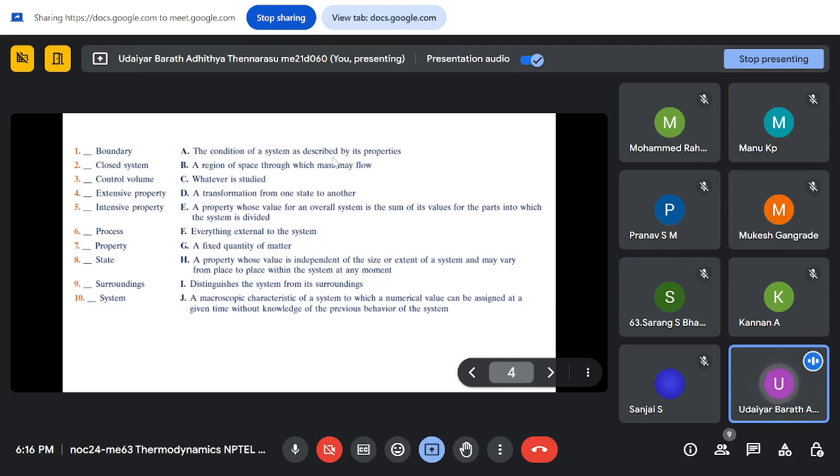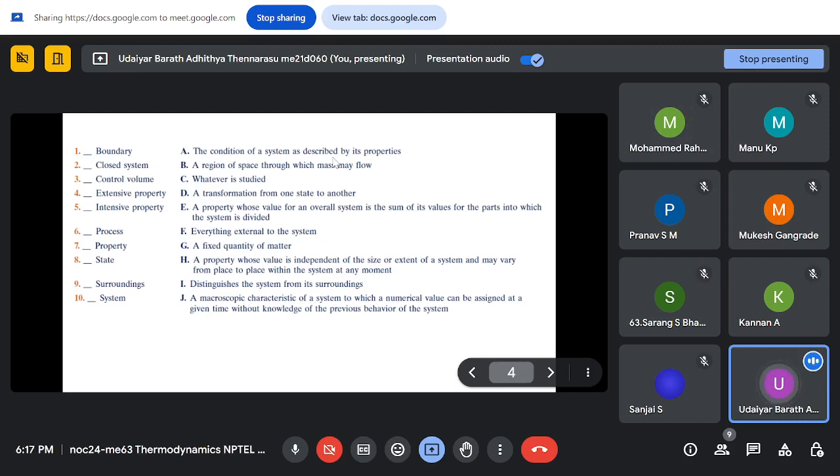So next is state. Is it A, sir? Sorry, just checking. The condition of a system as described by its properties, that is state. Answer is A, correct. And the next, surrounding.